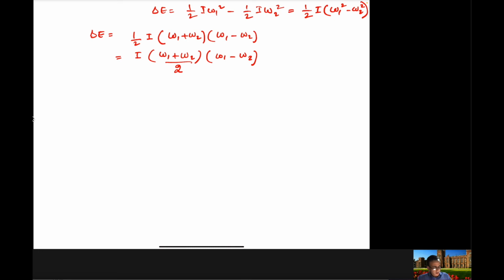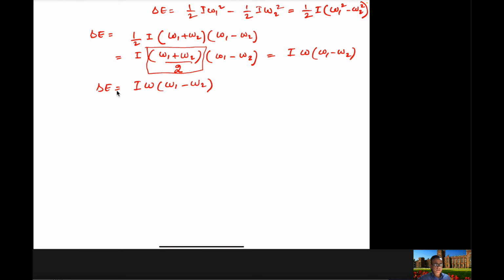Now omega 1 plus omega 2 divided by 2 is the mean speed, which we can represent by omega. So this will become I omega, and then we will have omega 1 minus omega 2. So delta E becomes I omega times omega 1 minus omega 2.